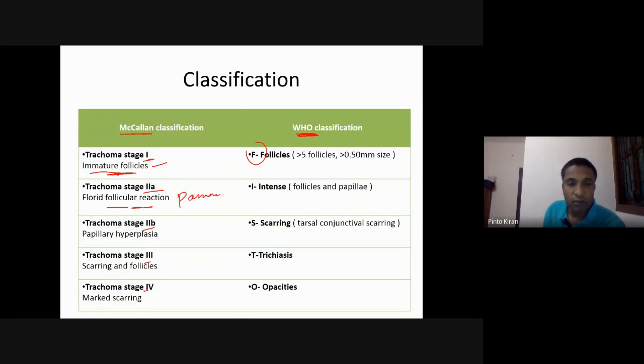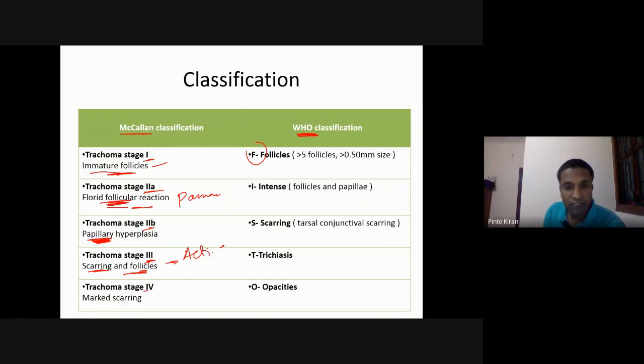In 2B, you will have a papillary hyperplasia. You should remember this: 2A is a florid follicular reaction, but in 2B you will have a papillary hyperplasia. Along with that, in stage 3, the patient will have scarring of the follicles. That means the patient is still having an active disease.